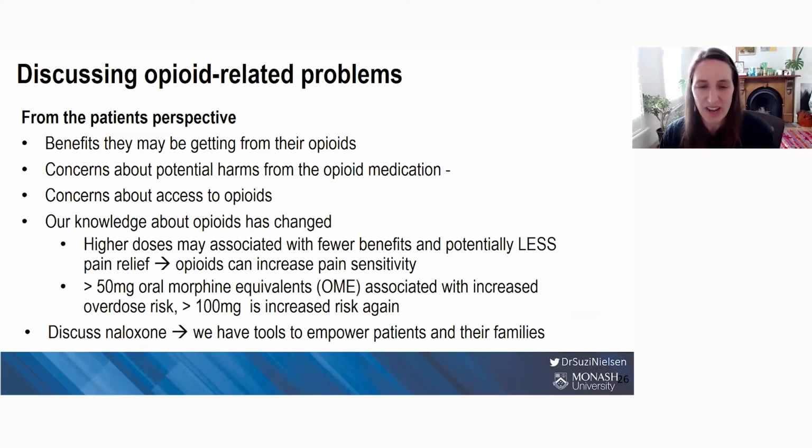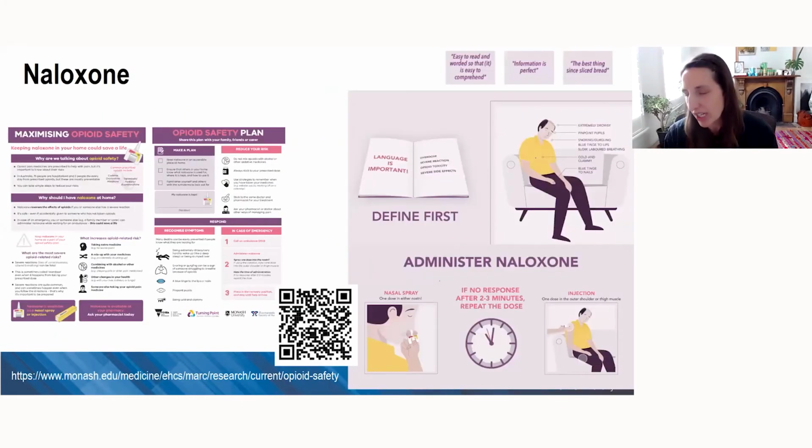And I just wanted to flag, while I am flagging resources around chronic pain, that we have also worked with patients who are prescribed opioids for chronic pain and community pharmacists to come up with a set of resources that are really talking about naloxone and opioid safety in a way that's really salient for people who are prescribed opioids. We know there are absolutely fantastic resources out there that have been developed for people who are injecting opioids or using opioids in other contexts, but a lot of the language in those wasn't relevant for people who were using opioids for chronic pain.